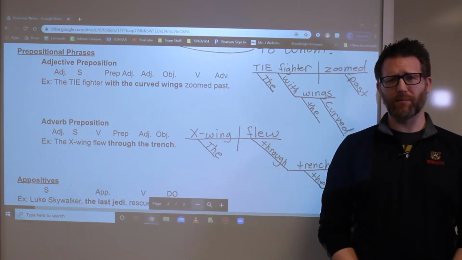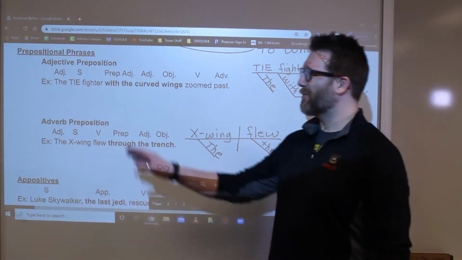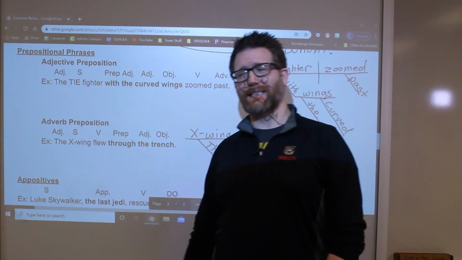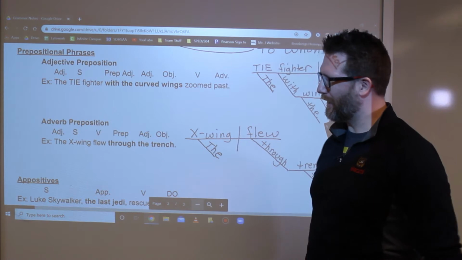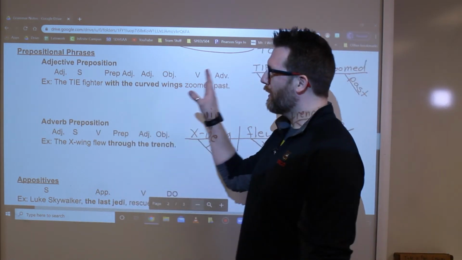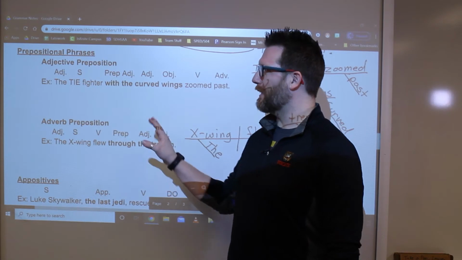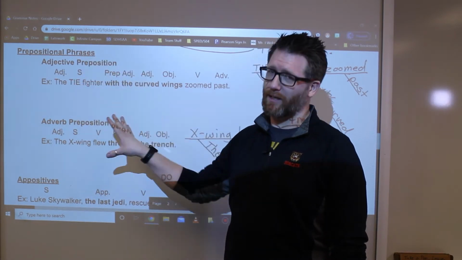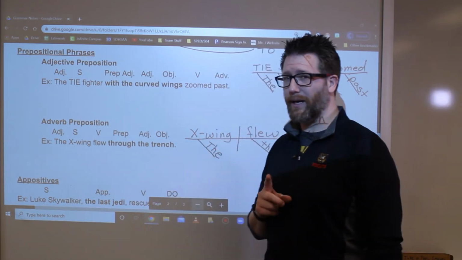Today we're going to be going into something different. So now we are going to be touching on prepositional phrases. Things are starting to get a little bit more complicated here. The biggest thing is knowing the difference between an adjective prepositional phrase and an adverb prepositional phrase, because it does matter where it goes.